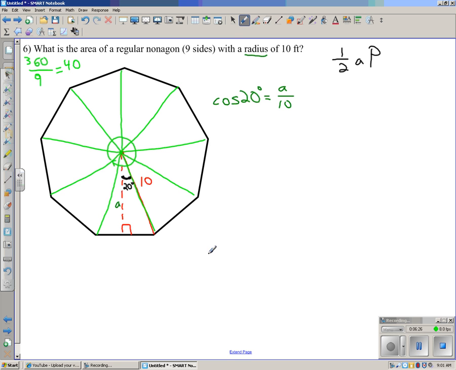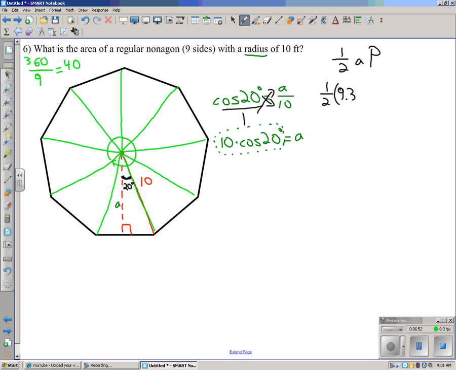When I put this over 1 and cross multiply, this one works out kind of nice. I end up just with 10 times the cosine of 20 degrees equals A. So I put that in my calculator, and I end up getting an apothem of about 9.397.